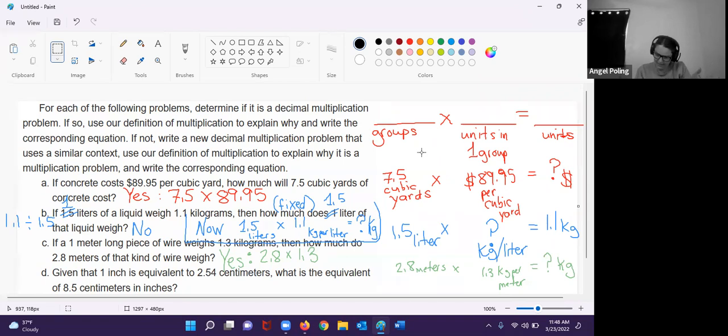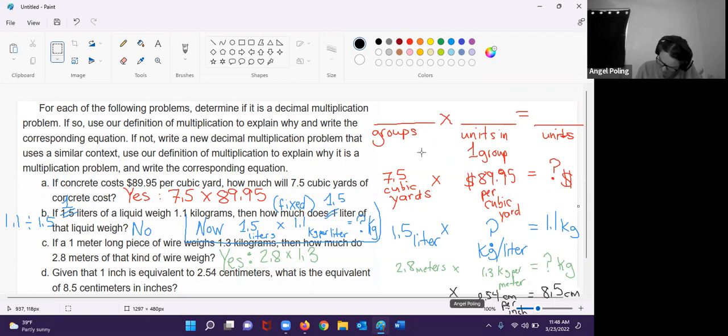They gave us 2.54 centimeters per inch here, but then they gave us 8.5 centimeters.